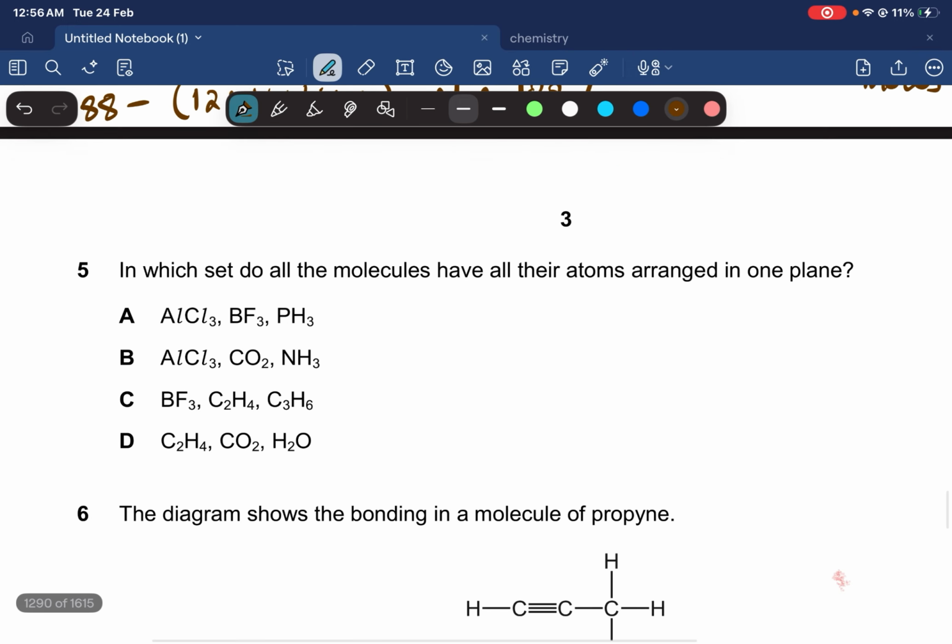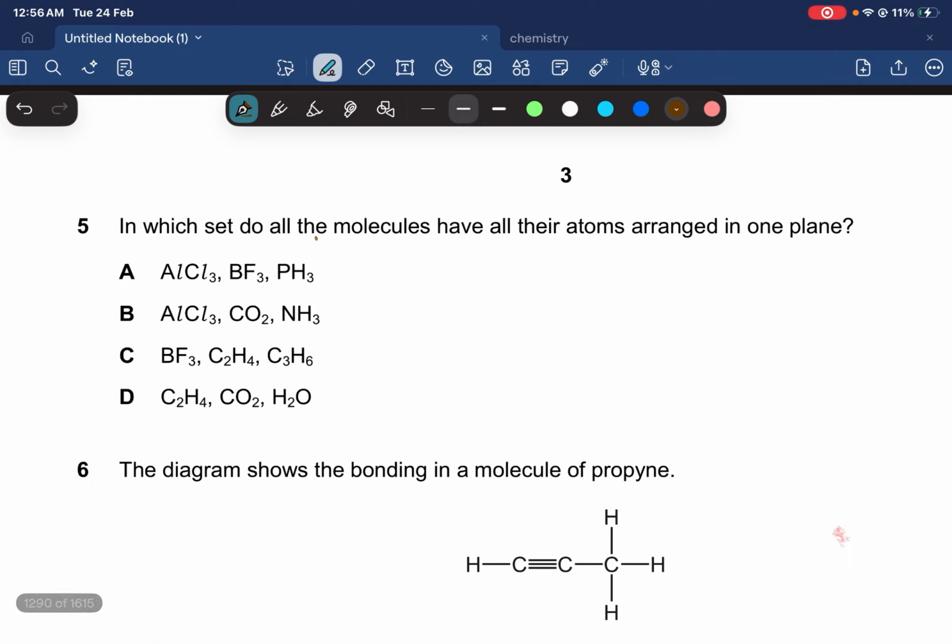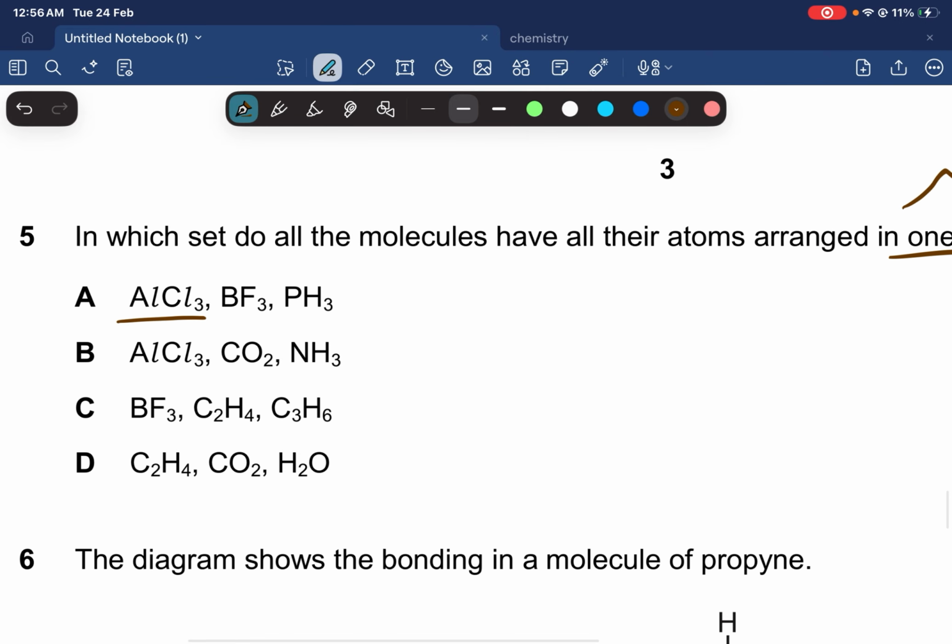C2H4O. In which species do all molecules have all their atoms arranged in one plane? One plane means the molecule should be flat, right? AlCl3 is a planar molecule. It's trigonal planar. BF3 is a planar molecule. You need to know the geometries, but this is pyramidal, right?